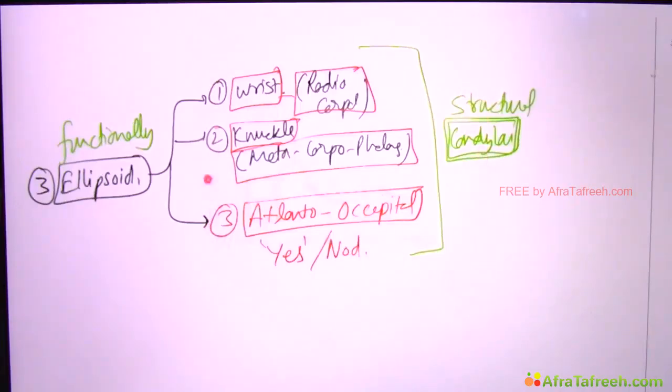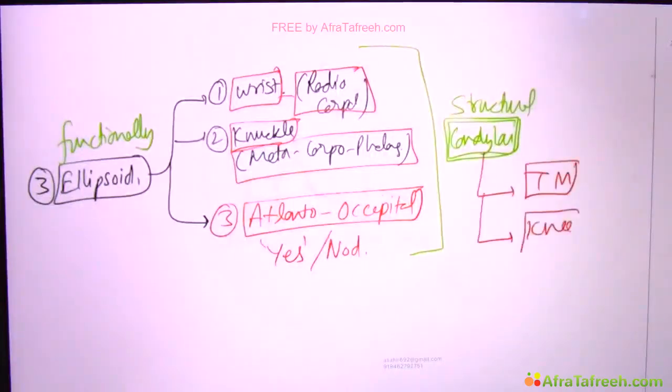If these are poor examples of condylar, what is a good example? I'll give you two examples. One is the temporomandibular joint. The other is the knee joint. The good examples of condylar are the temporomandibular joint and the knee joint.